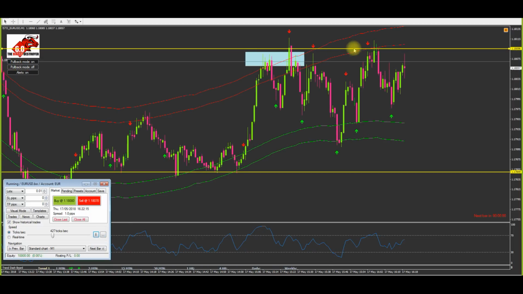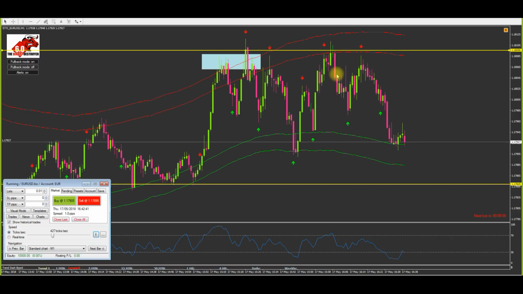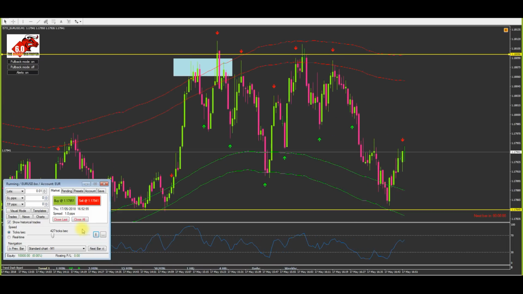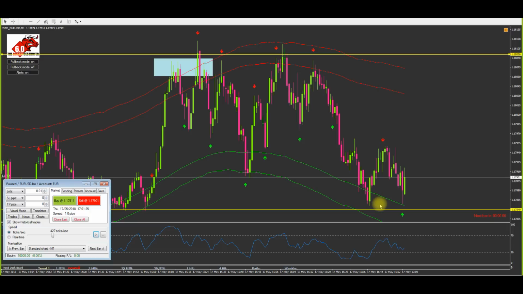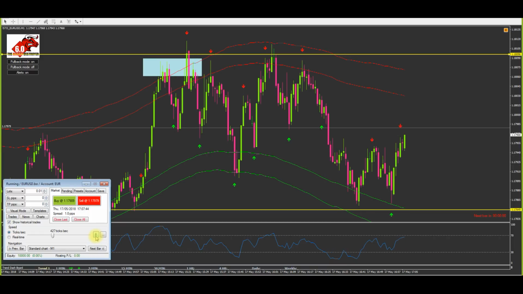Actually, we still haven't broken that support. We're still above that support resistance. Oh yeah, we do come down. We come down again and touch my support. As you can see, it looks like we're bouncing off that support area again. I wouldn't count this as a signal, but I'm pretty sure we're going to bounce off this again. Let's see what happens. And we do.